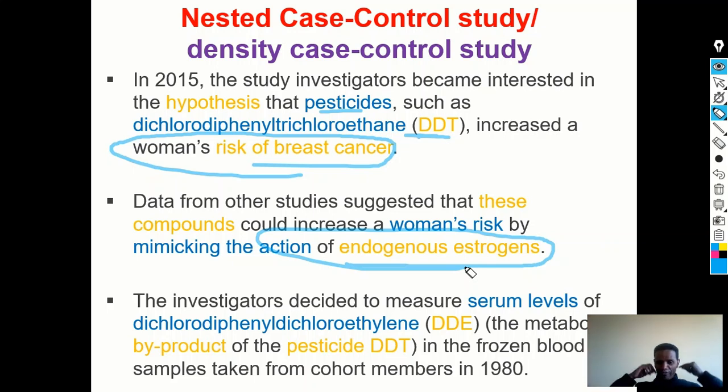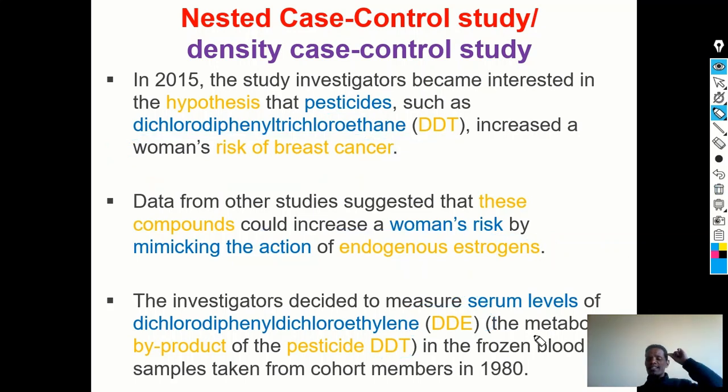Now, the investigators decided to measure the serum levels of DDE, that is the metabolic byproduct of the pesticide DDT. That is the byproduct of DDT, that is DDE. It is an abbreviation actually; the full term is given over here. They measured it in the frozen blood samples taken from the cohort members in 1980.